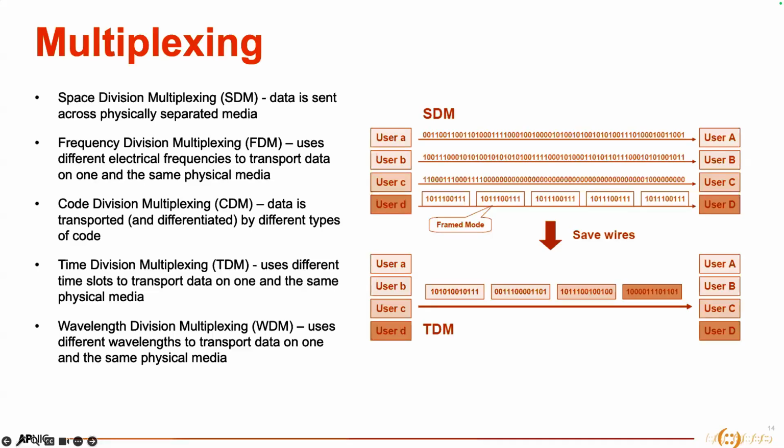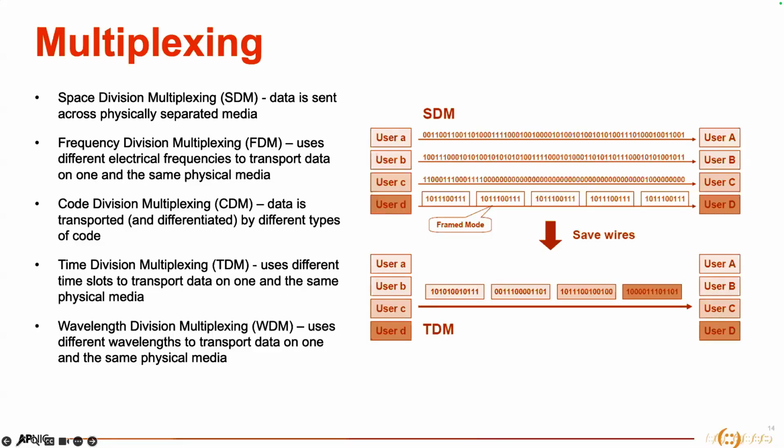That means they are sending different segments of data, and those segments are based on their own frequency. So user A has a frequency, user B has a different frequency, user C has a different frequency, and user D has a different frequency. And they all transmit the data at the same time through the same optical fiber.